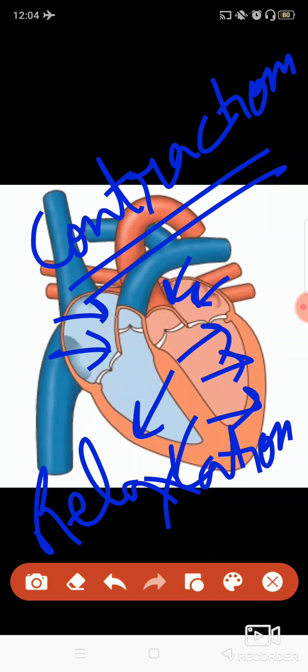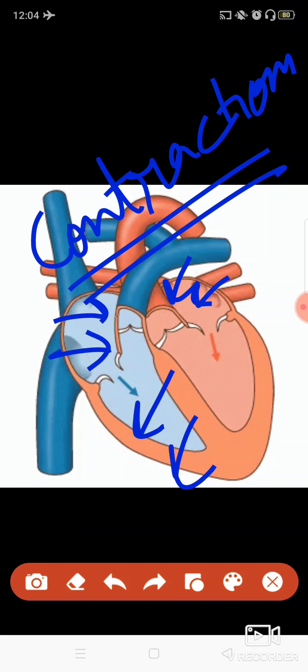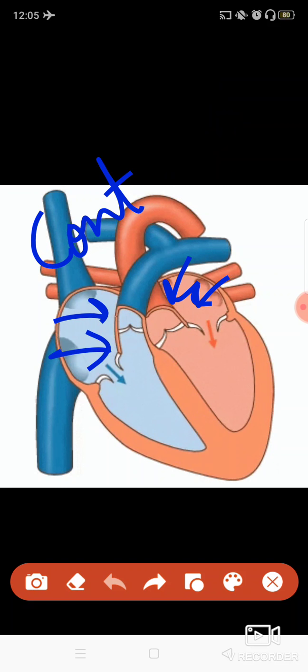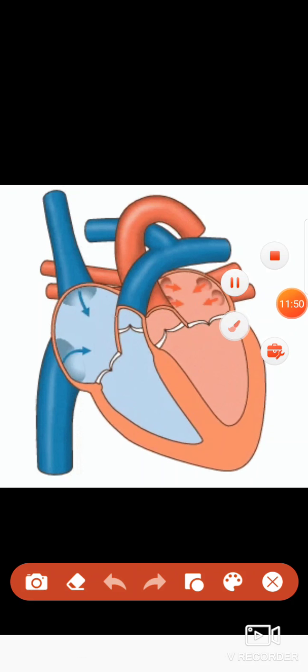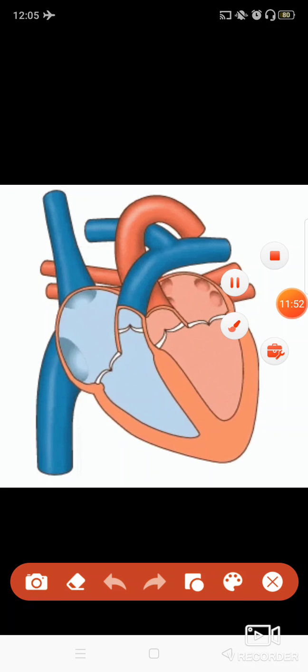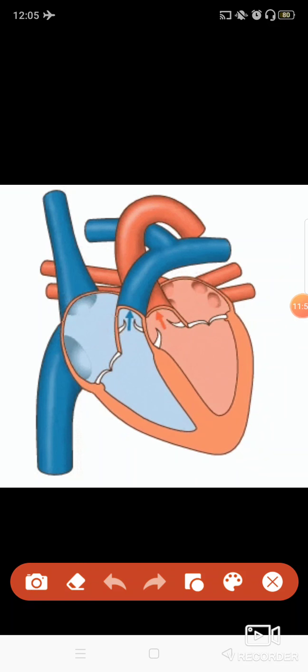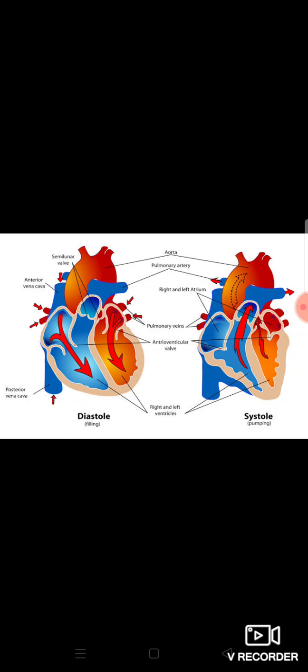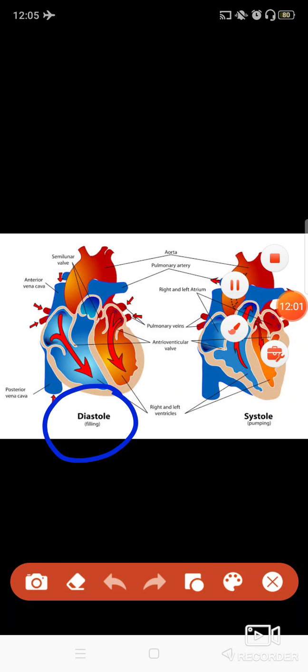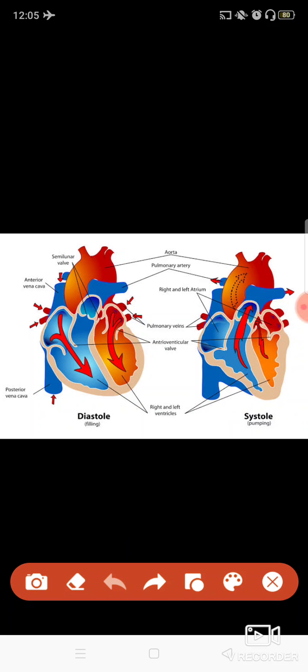So either the walls or the muscles of the heart are going to contract or are going to relax. Diastole and systole, these are the two phases of the heart.